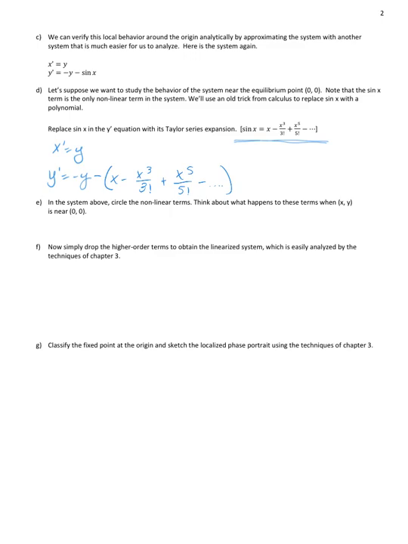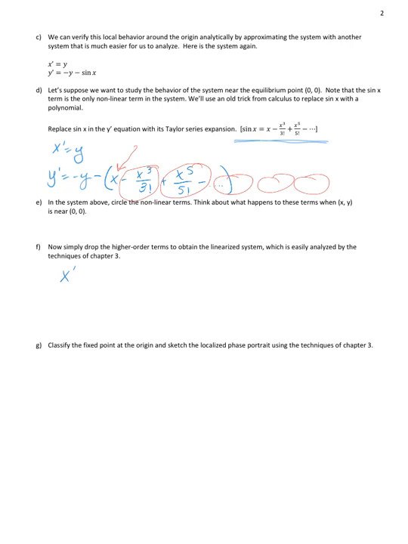Okay. So in this system, we want to circle all the nonlinear terms. So that would be this one and all the other terms in the Taylor series, except for the x. So now we're just going to drop the higher order terms in order to obtain the linearized system.